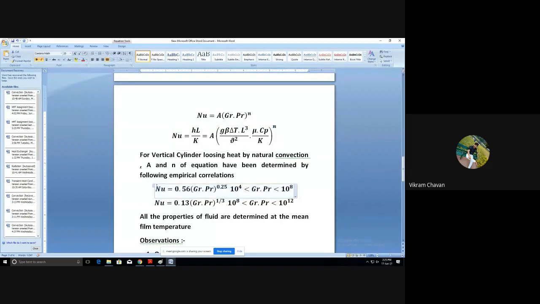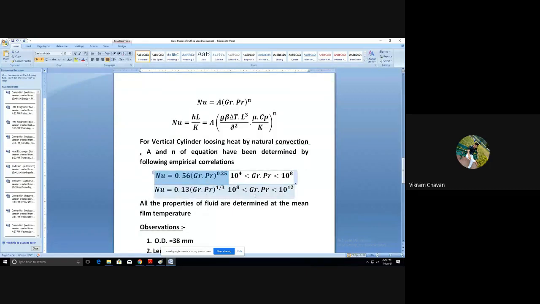But if this product is greater than 10 raised to 8 and less than 10 raised to 12, then we have to use the equation Nu is equal to 0.13 multiplied by (Grashof number multiplied by Prandtl number) raised to 1 by 3.